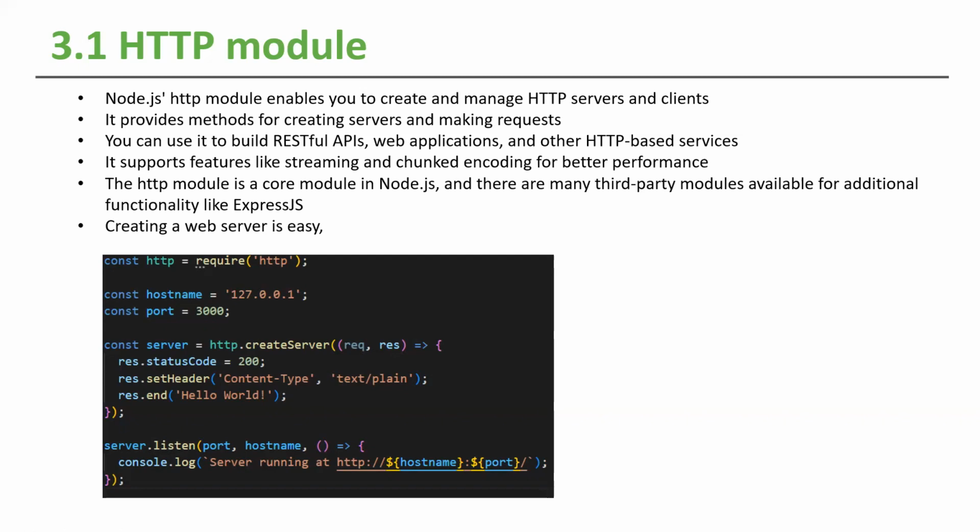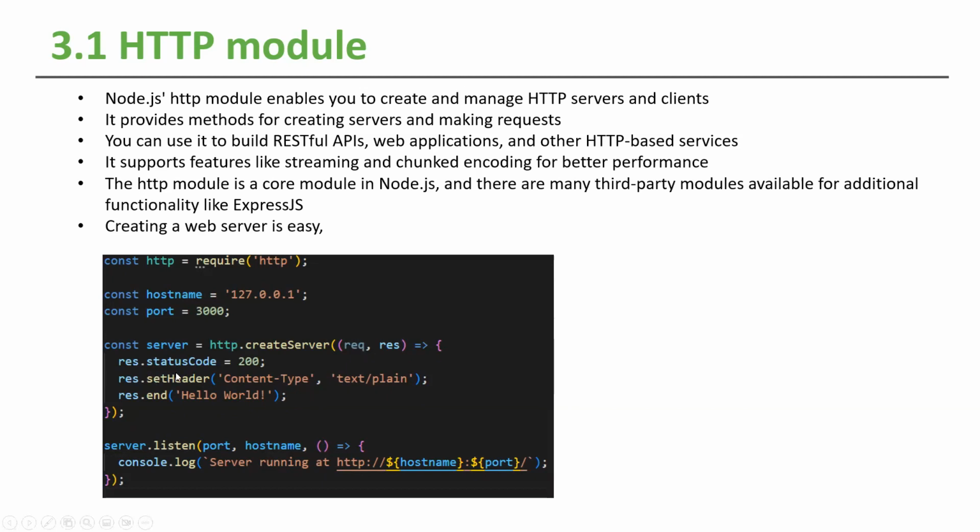If it's a form or anything, the user should send the form data to the server, right? So the data is also included in the request object. The response object is what the server is going to send back to the user. Once we process the request, we are supposed to send the data back to the user, right? That part is stored in the response object.